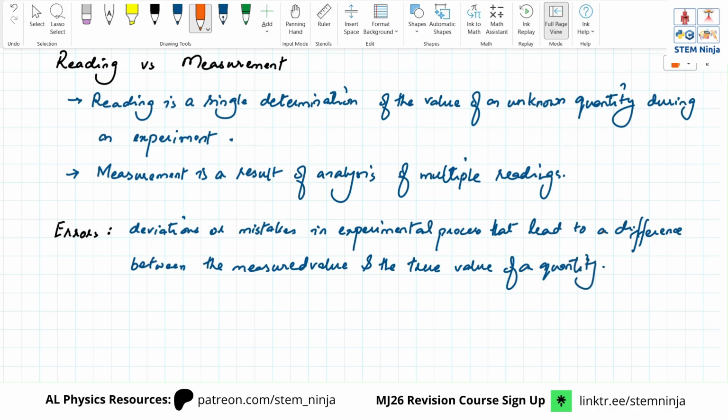Even if you had just written a difference between the measured and the true value of the quantity, that would be correct also.